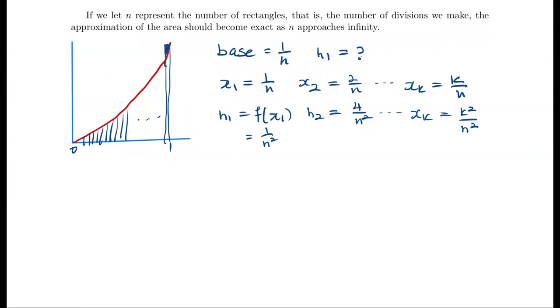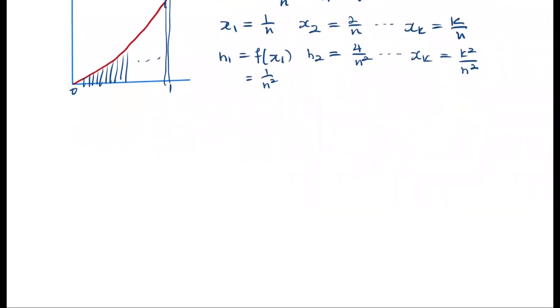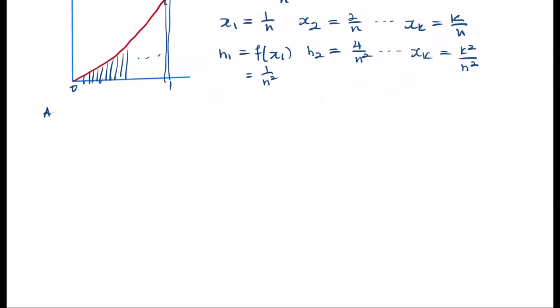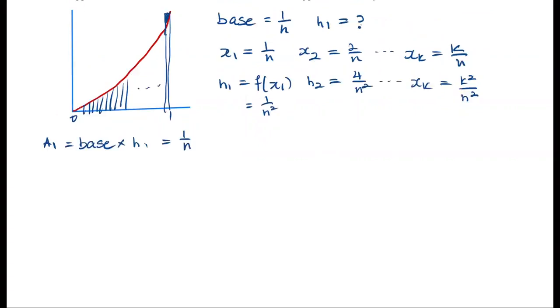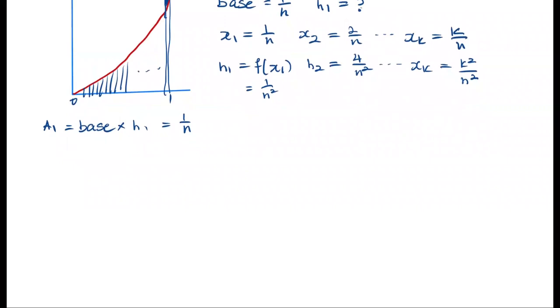Well, let's calculate the area of each of the bases and the heights. So if we calculate the first area, A1, which is the base times height 1, this would just be 1 over n, because each of the bases is 1 over n, multiplied by the height, which is 1 divided by n squared, which is 1 divided by n cubed.